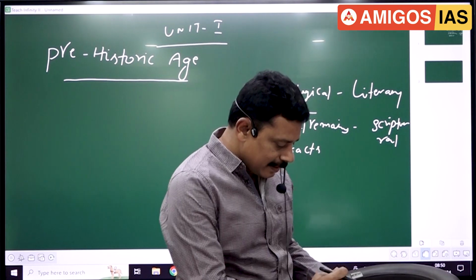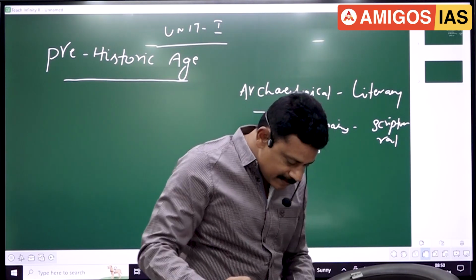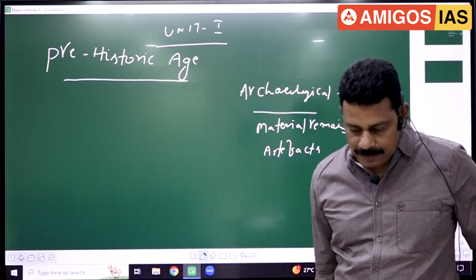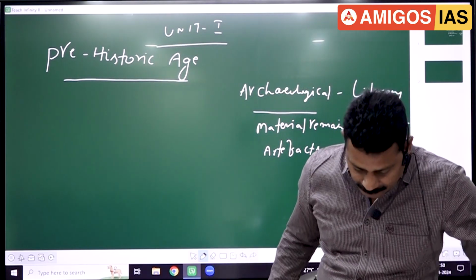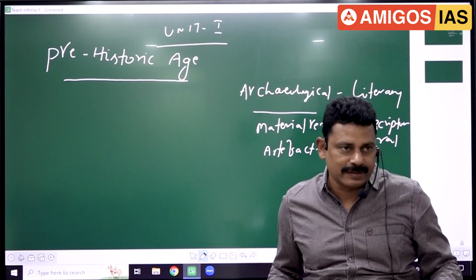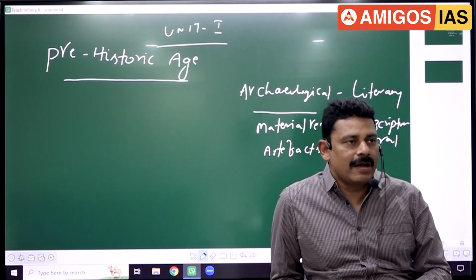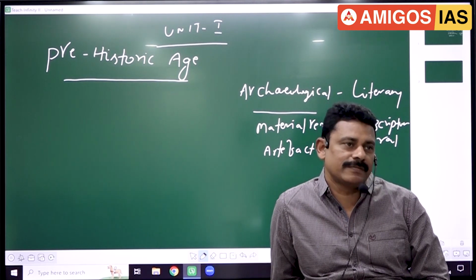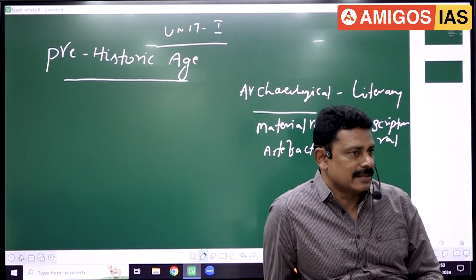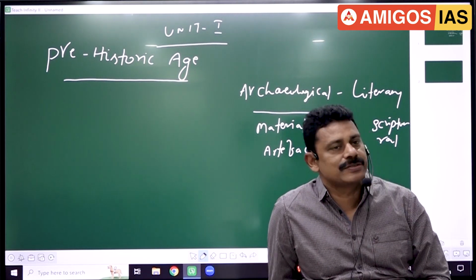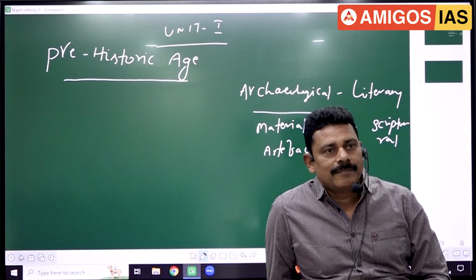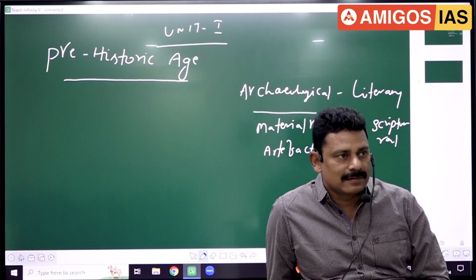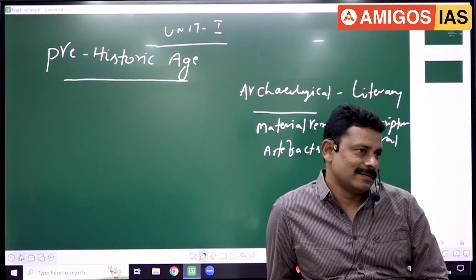Coming to the prehistorical age, this division has been made by the scholars on the basis of script. Just imagine, as far as Indian history is concerned, we have a particular civilization considered the foremost civilization of the country, the Indus Valley civilization. It was the earliest civilization in the history of India. But our knowledge about this civilization was completely dependent on archaeological sources.